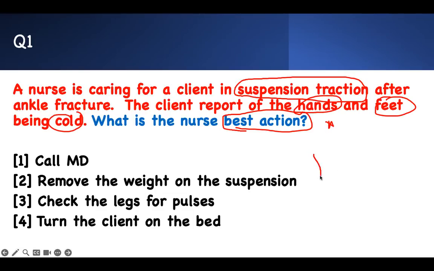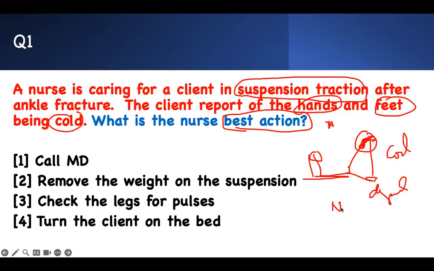If this is the patient in the bed, and this is the pulley, his leg is in traction. One leg will be here like that, and his back is here like that. So he's sitting down. Because of the dependent position, certain areas, the peripheral areas, are going to be cold.